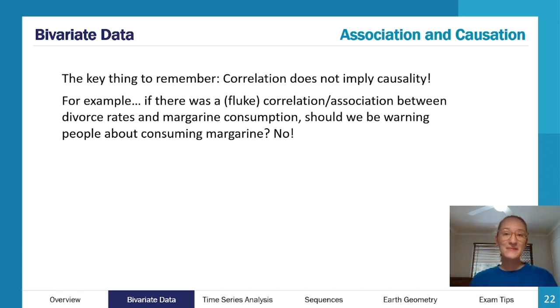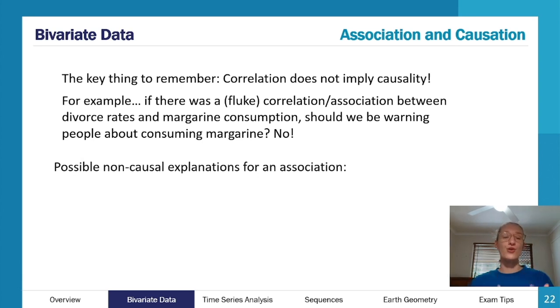No, that's a completely illogical conclusion. There are actually multiple non-causal explanations for an association. And the other thing to consider as well is if it was a really small sample size, it might actually be a fluke, which is one of the explanations we're going to look at as well.